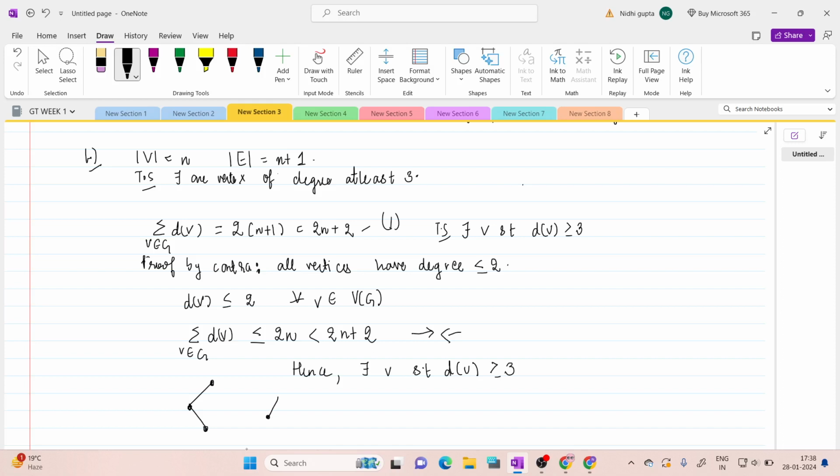But an edge should connect two endpoints, and the endpoints should be vertices. In a graph, an edge is basically a line which is joining two vertices. So this is not a graph if these two are not vertices.